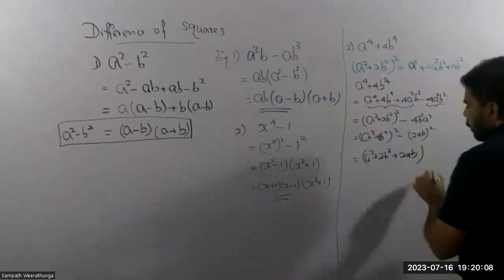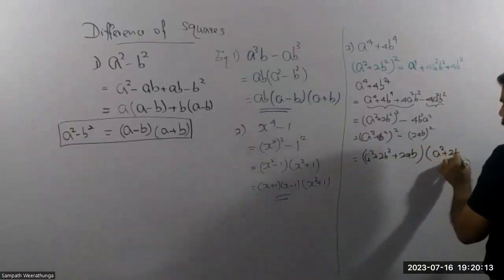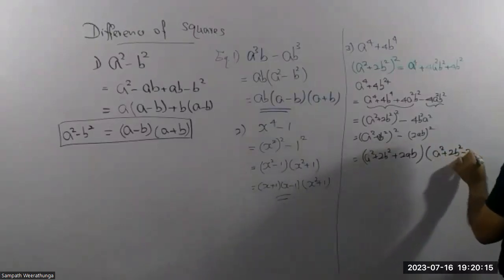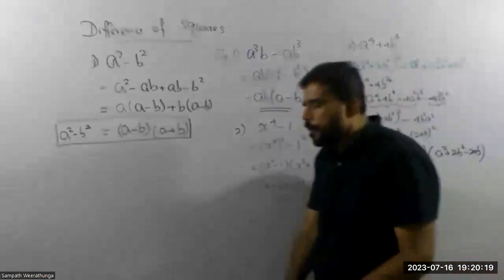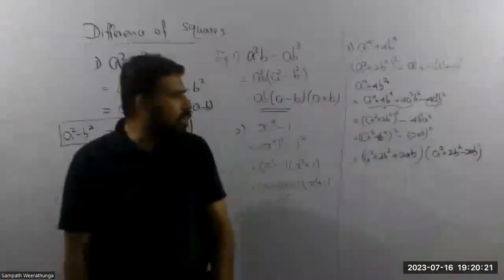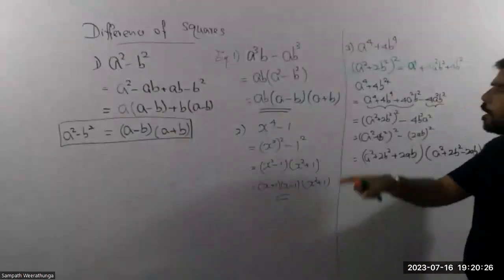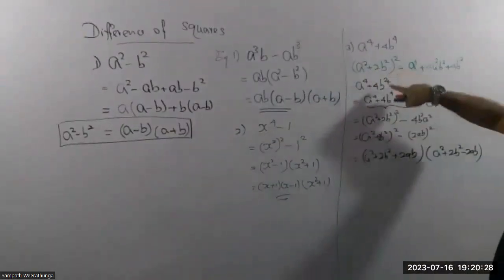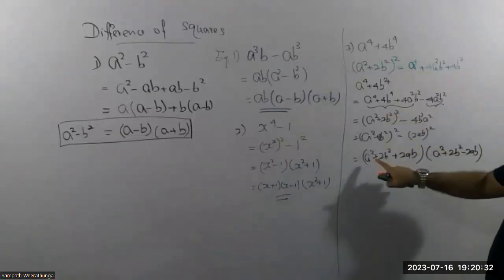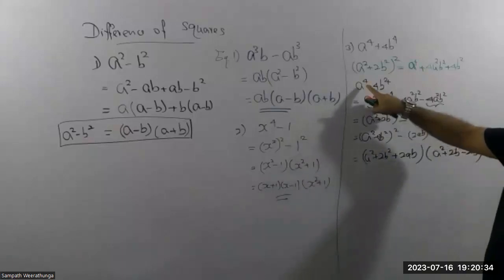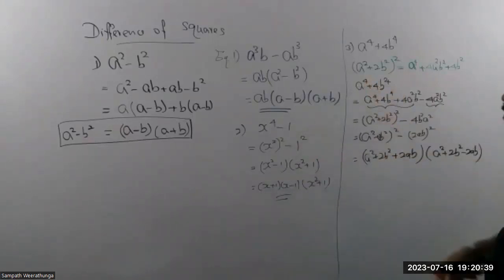Then the next is a square plus 2b square minus 2ab. Yes. So this is my expansion or factorization for this relationship. I factorized this relation into two factors of second order. Here the order is 4, and I reduced that to second order.